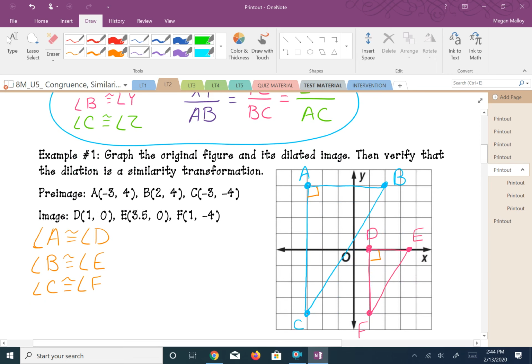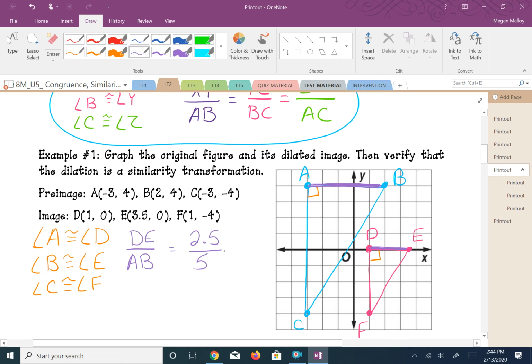Okay, so AB corresponds to side DE. And remember, when we set up our scale factor ratio, it's dilated image over original image. So the length of DE is equal to 2.5, and I'm going to write that over my length of AB, which is 5.